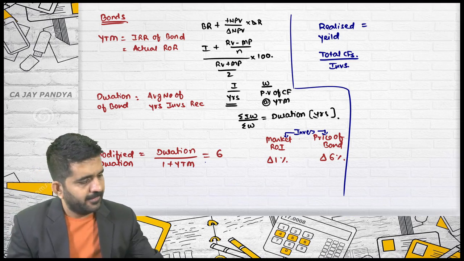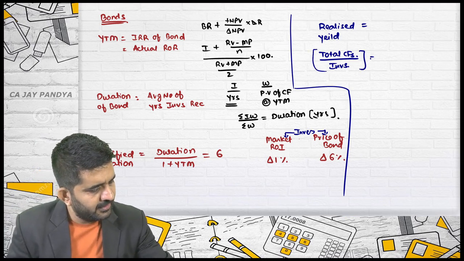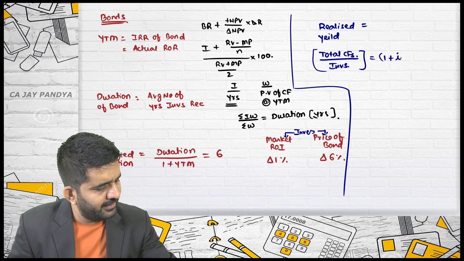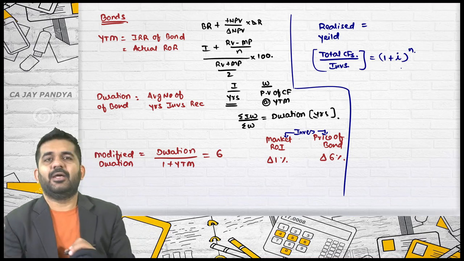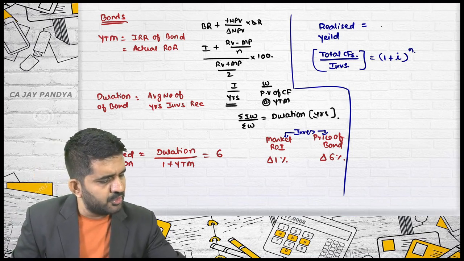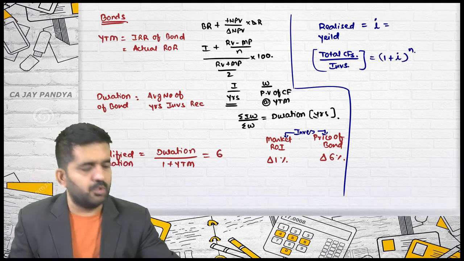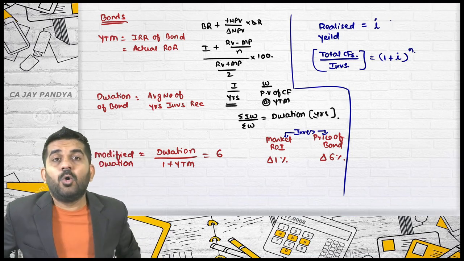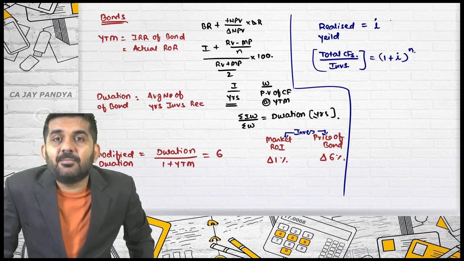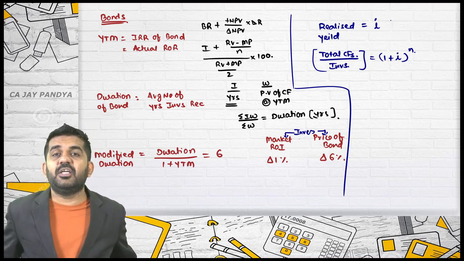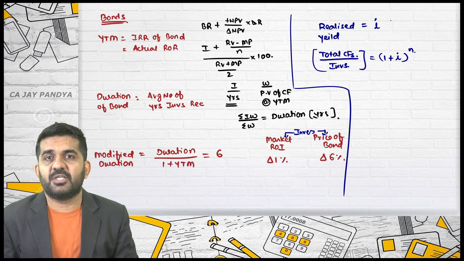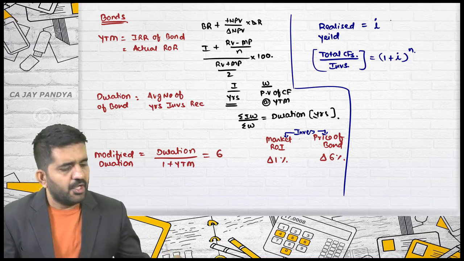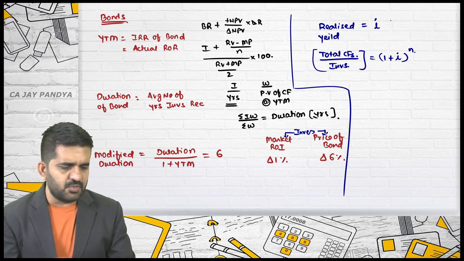So this figure is 1 plus I raised to N. And we solved and found out I, which was nothing but realized yield. Realized yield is nothing but, if the coupon is not reinvested, what rate of return the investor is getting. It is asked only one time in examination, but still if it is asked again, you can easily solve it just by using this formula.